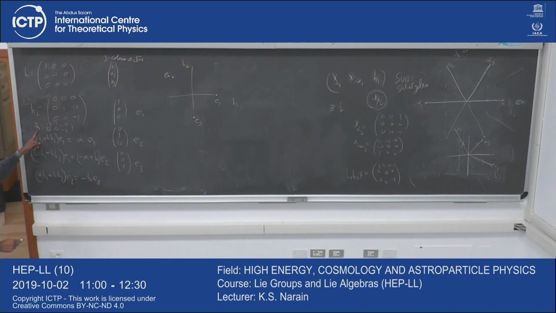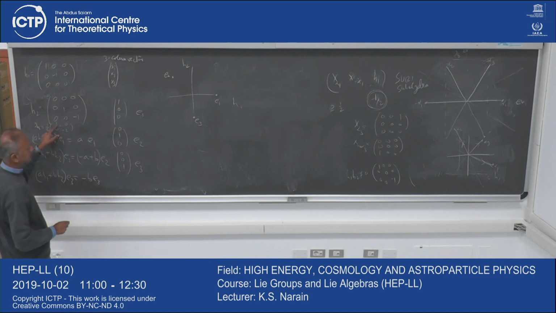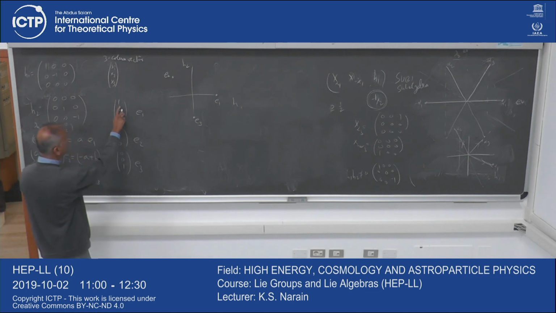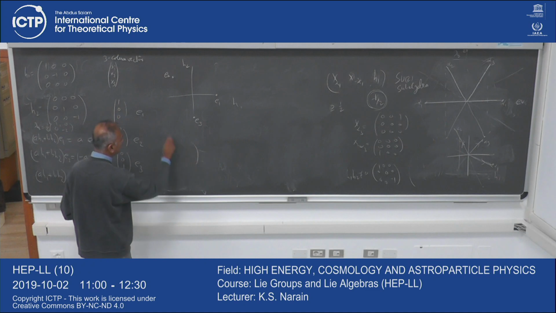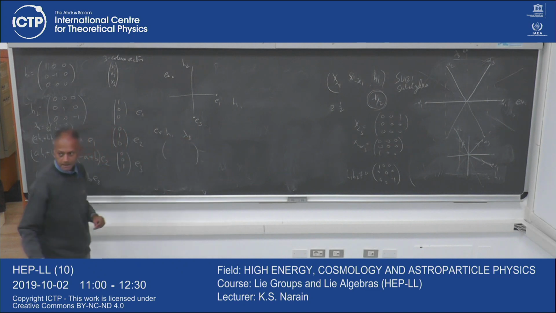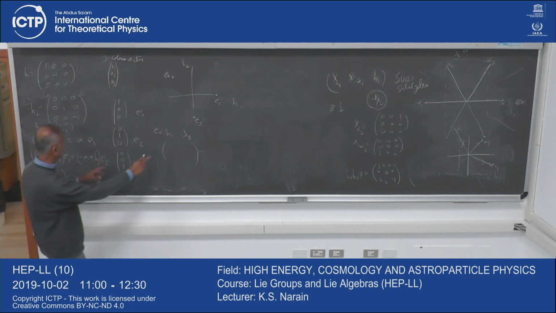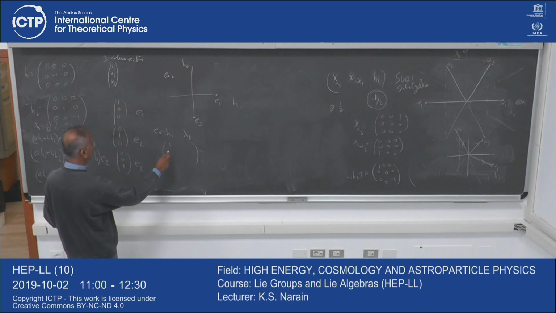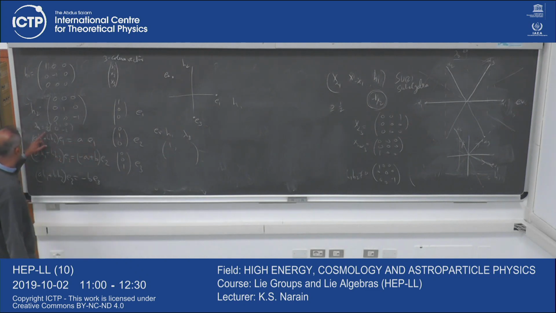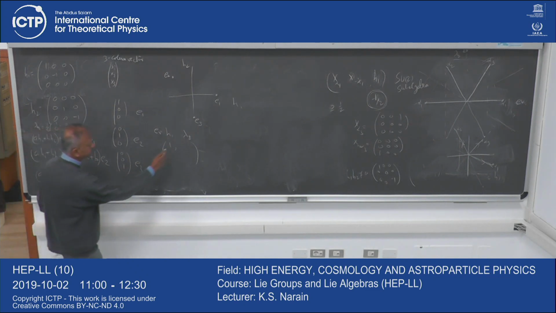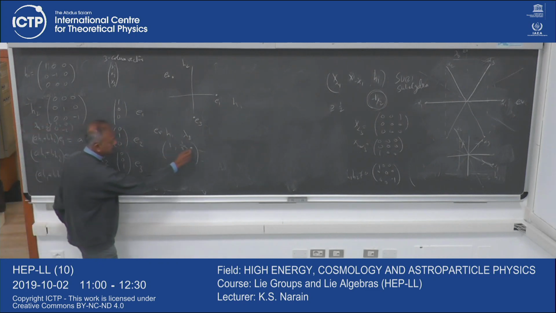So we can ask what is the eigenvalue with respect to lambda 8. The first one is simply 1 over root 3. I just write the eigenvalues of H1 and the eigenvalues of lambda 8. This one, of course, is the same, so this is 1, but here we get 1 over root 3. This is for E1.